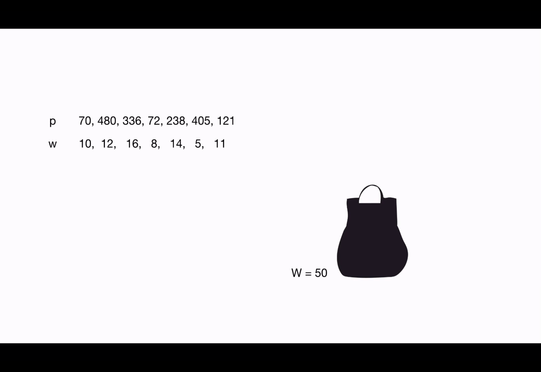Now see the sixth element. Its value is 405, but its weight is only 5 units. So if we calculate the value per kg or per unit, for the second element, it is 480 divided by 12, which is equal to 40. And for the sixth element, it is 405 divided by 5, which is 81.